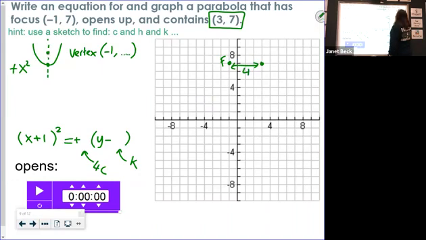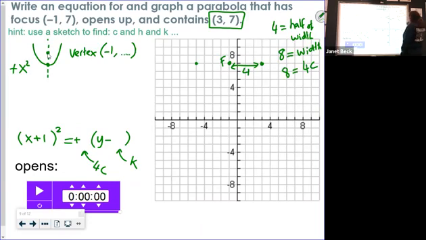And I know that 4 equals half of the width. It's going to be 4 out the other side as well. So it's going to be 8 wide. It's the focal width.